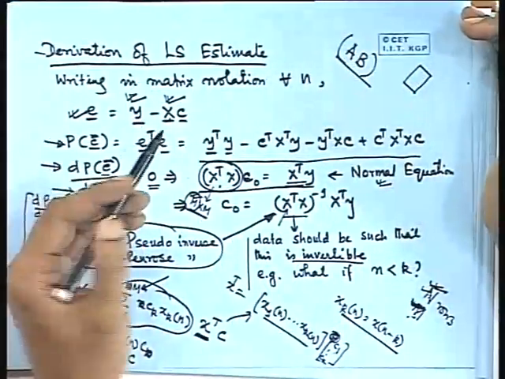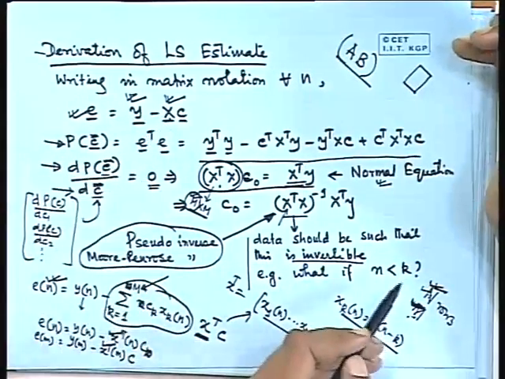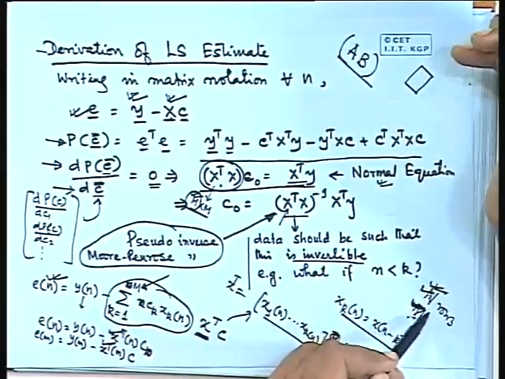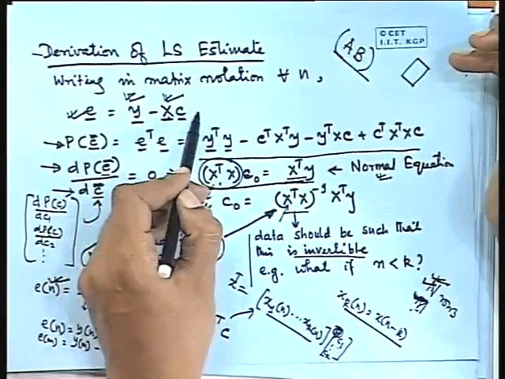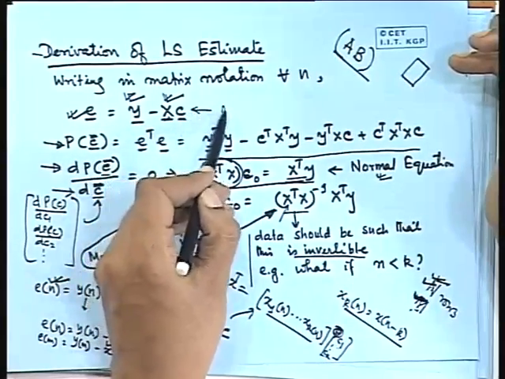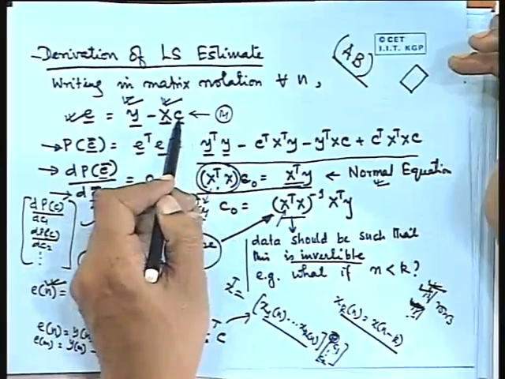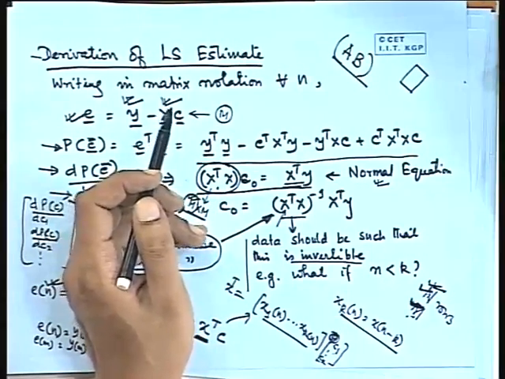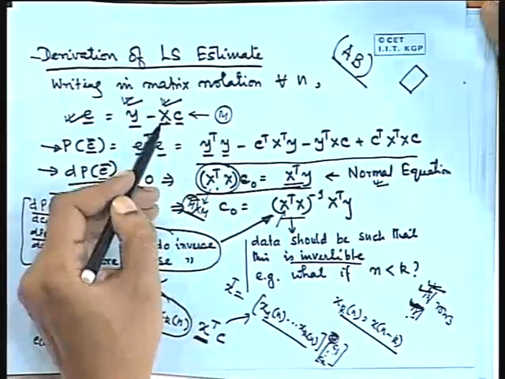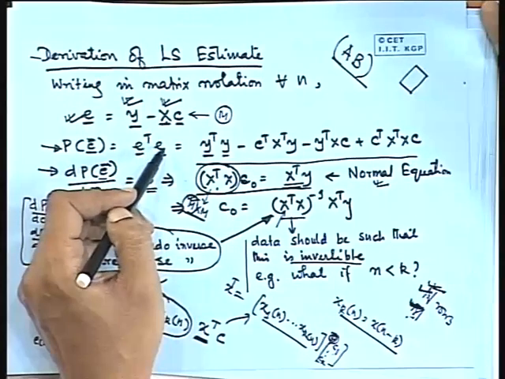So what are you doing? You see, when N is greater than M, how many unknowns are there here? Capital M number of unknowns, because so many coefficients of the filter you have to solve for. And how many equations?